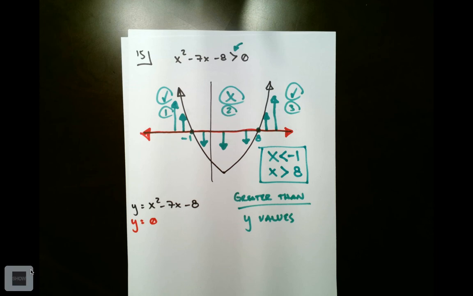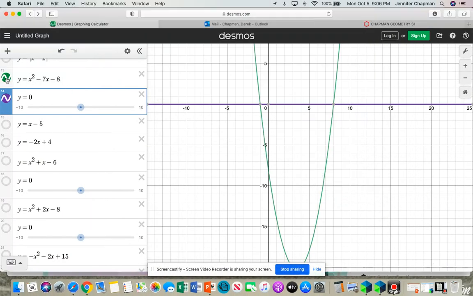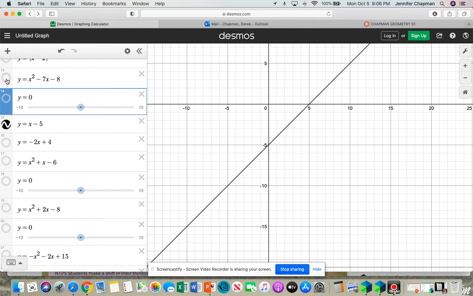All right, so let's go back and look at 16. So x minus 5 is the left side. -2x plus 4 is the right side. These are two linear functions.